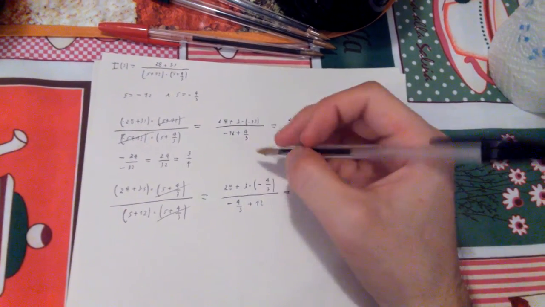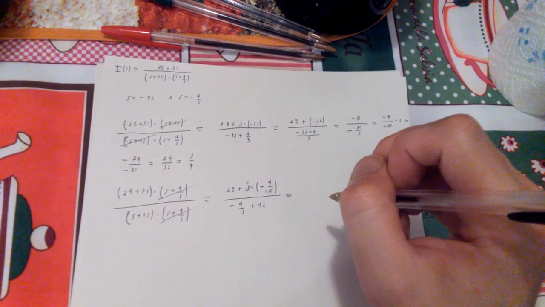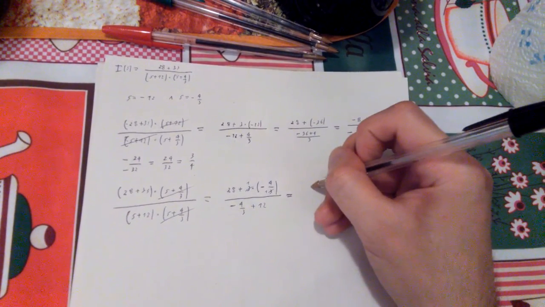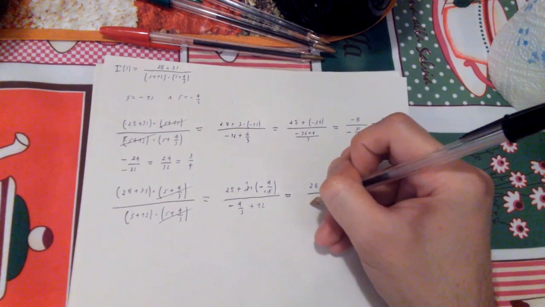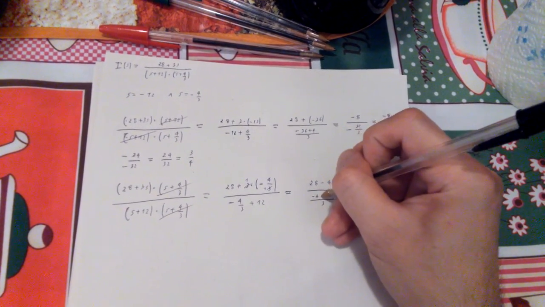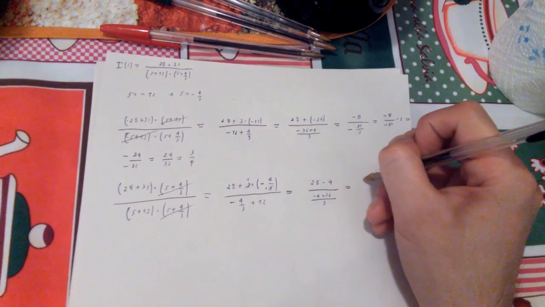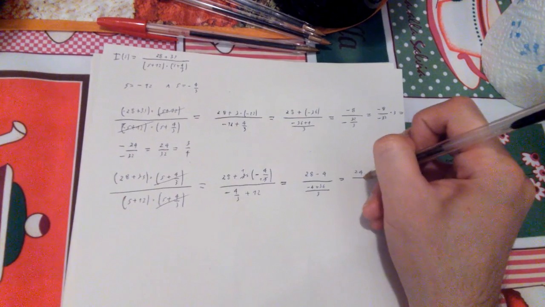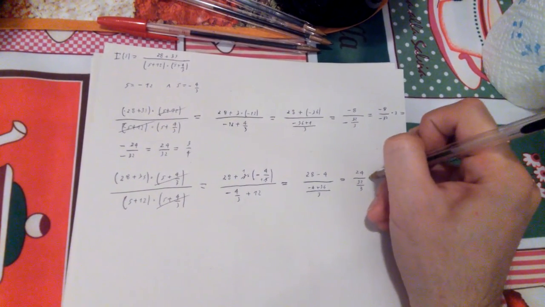Well, those two guys cancel out, and I end up with 28 minus 4, everything over 3 negative 4 plus 36. So this is just 24 over 32 over 3.